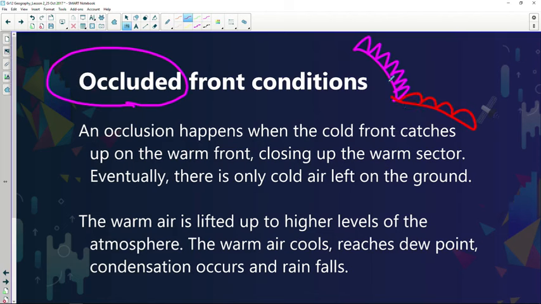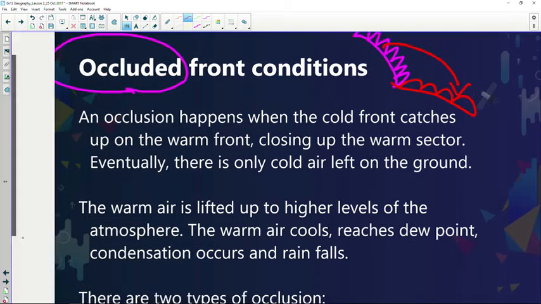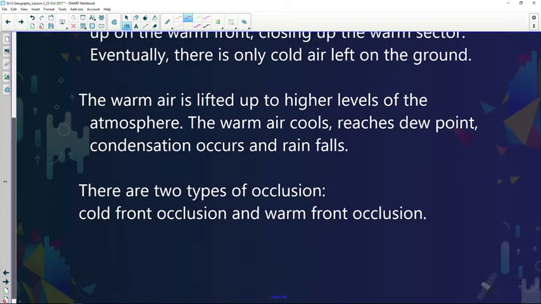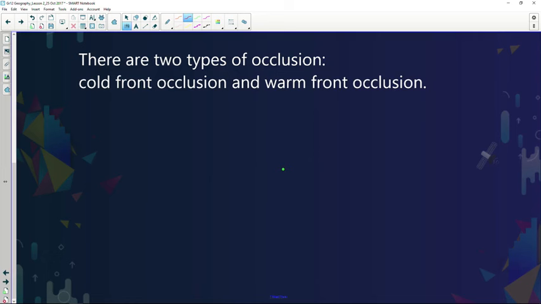So this cold front tries to catch this warm front. And when it does, it's known as the occluded stage. And what it looks like on a synoptic map is a mixture of the cold front with the warm front.